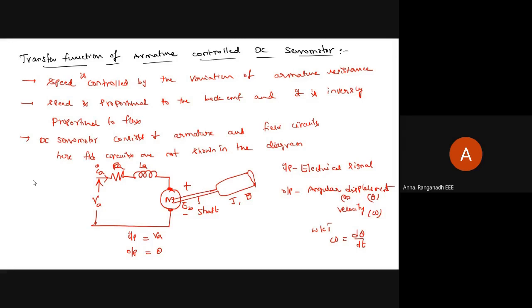Now we are going to derive the expression. Before that, let us take some terminology.